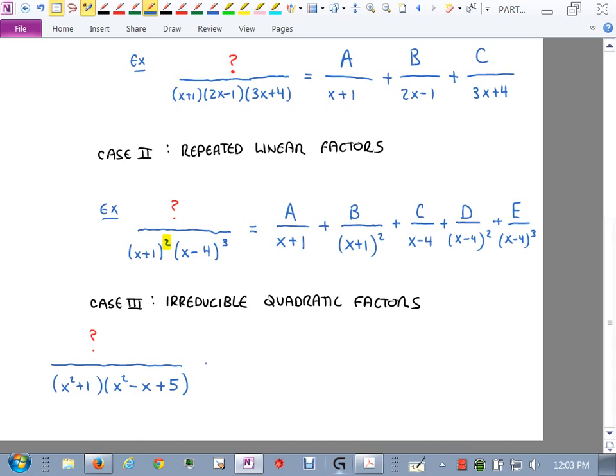So what do we do? Well, here's what we do. You're going to love it. We put Ax plus B over the first one, and then we put Cx plus D over the next one. Essentially, what have I created?